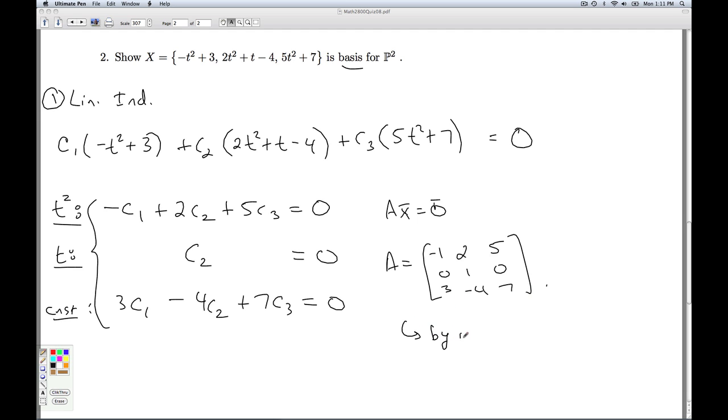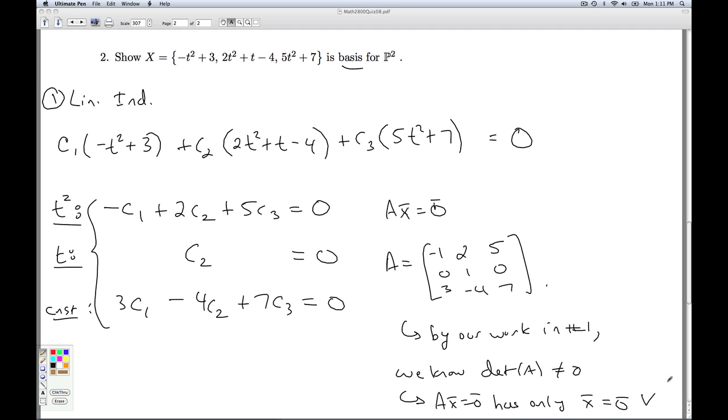So, by our work in number 1, we know the determinant of A is not 0, which means that AX equals 0 has only the trivial solution, which is exactly what we needed to show for linear independence.